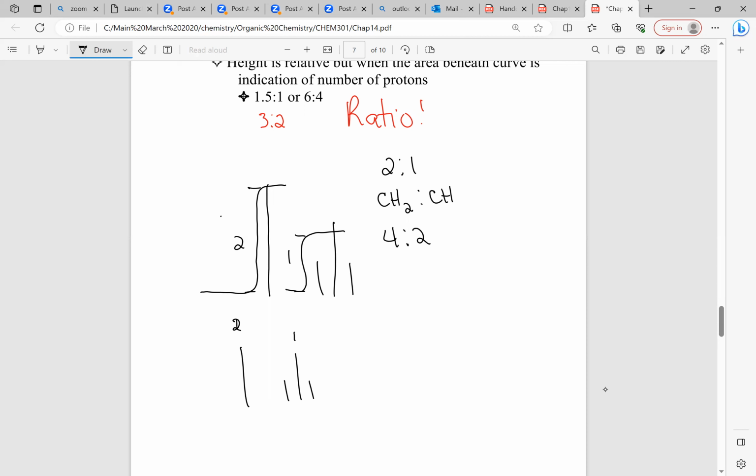Well, how are we going to tell how many there are? That's the nice thing. This is probably the simplest concept for NMR. Draw your hydrogens again. And we know there are going to be 1, 2, 3, 4 peaks.